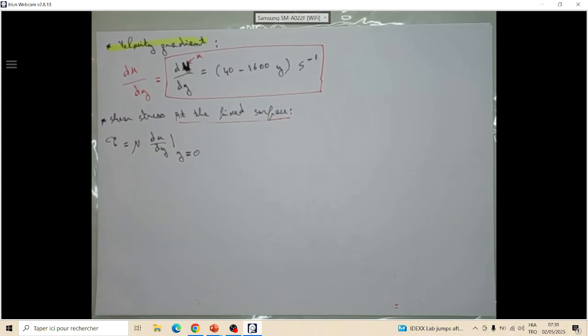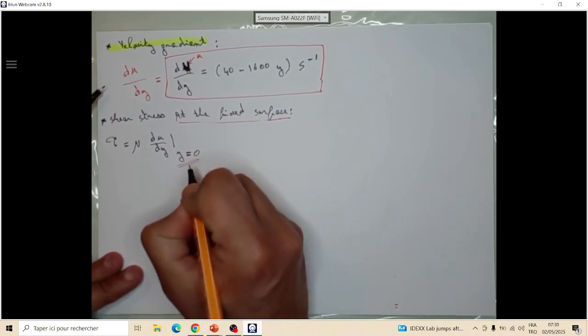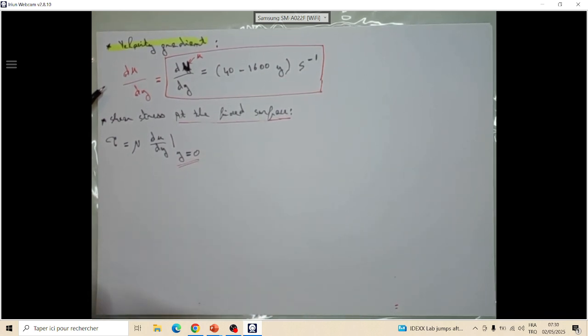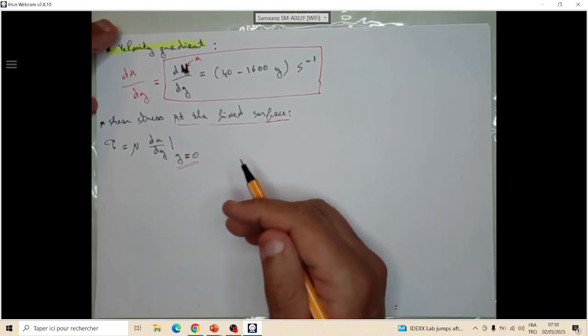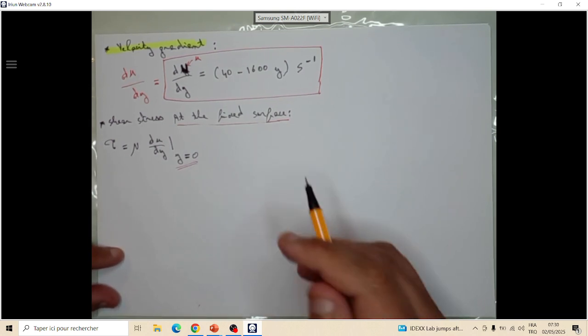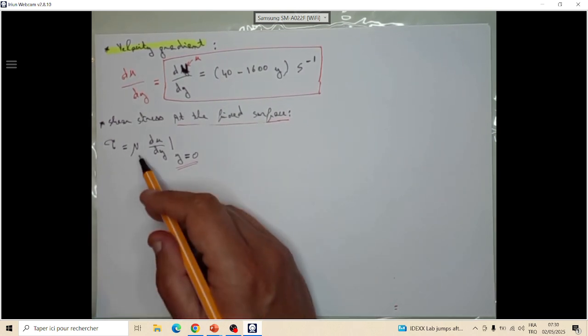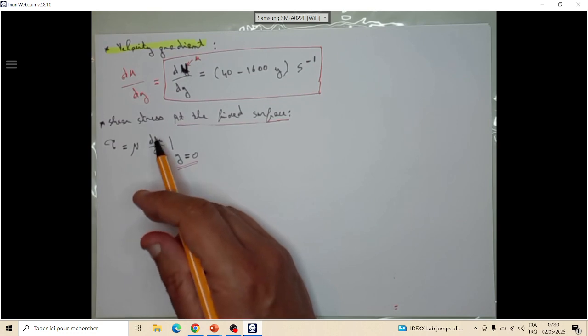So we have said that we have y equal to 0 near the fixed surface. I will take the value of mu, which is the dynamic viscosity. What is the value of mu?